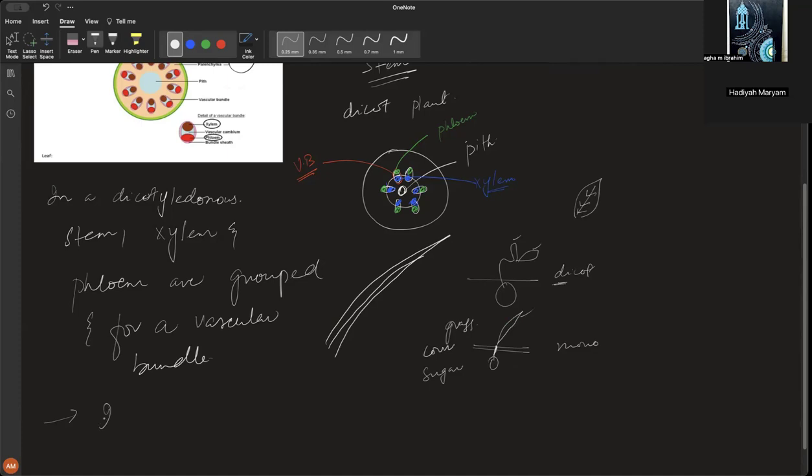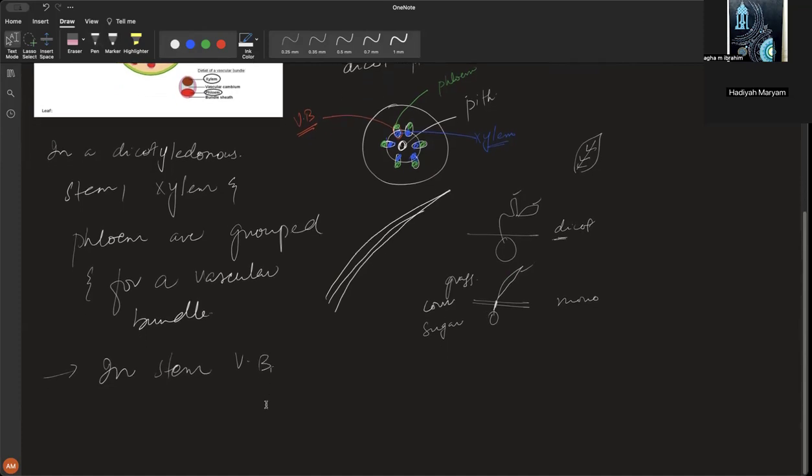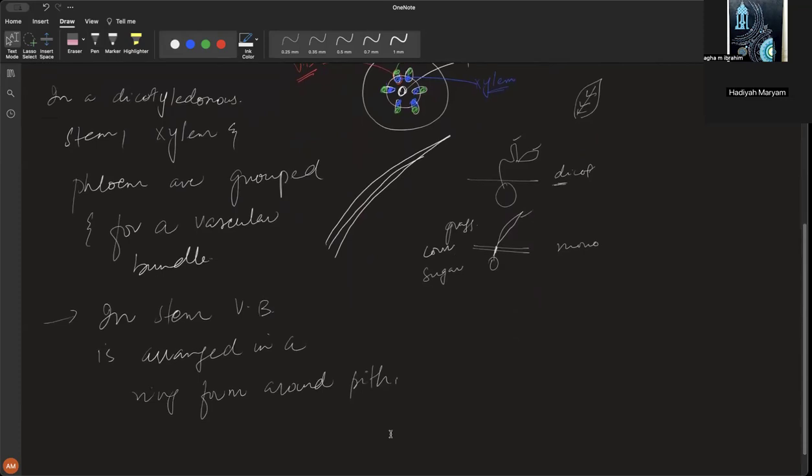So in stem, the vascular bundle is arranged in a ring form around the pith, right? The central region pith.